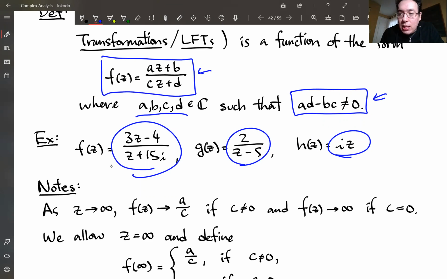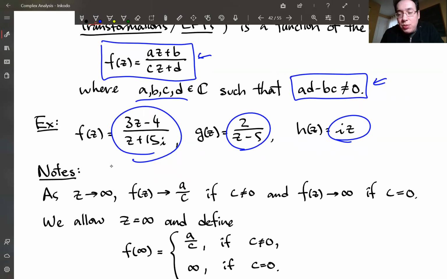So there are two cases. If the denominator coefficient c is non-zero, then as z goes to infinity, the function will approach a over c, and a over c makes sense because c is non-zero.